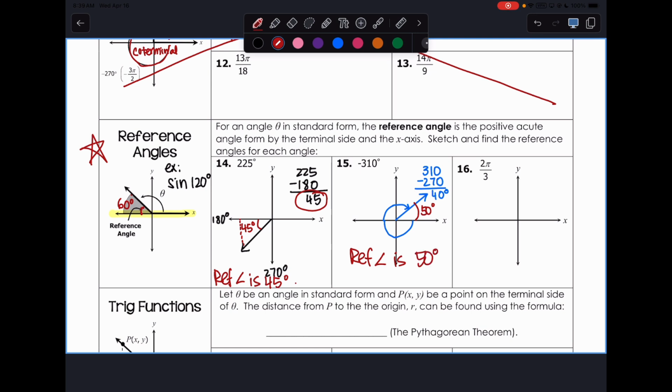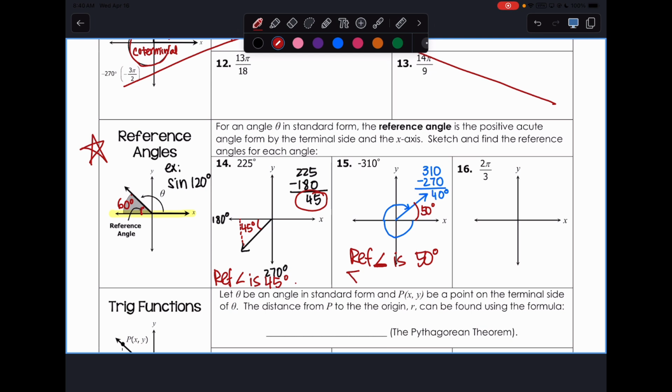50 degrees. Do you know the difference between a less than sign and an angle sign? What's the difference? On the equal sign, it kind of looks like a triangle that's missing a side, and it's lower than the less than side, which is our top. Good. The bottom side should be flat, like x-axis. Okay? If it's up in the air like this, I'm going to think that you mean less than.